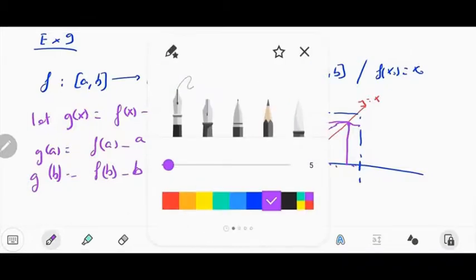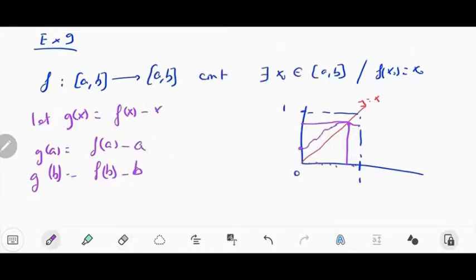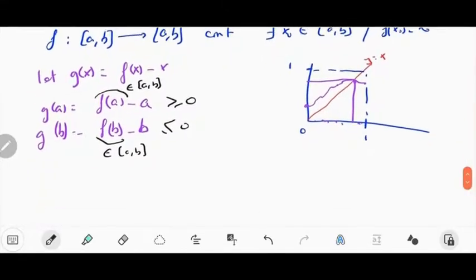Well, g of a is of course positive, because f of a belongs to ab since it's an image of the function f. So since it belongs to ab, then it's greater than a, so then it's positive. And f of b as well belongs to ab, then it's less than b, so this is negative. So we constructed a function g such that g of a is positive, g of b is negative, but they can be equal to 0.